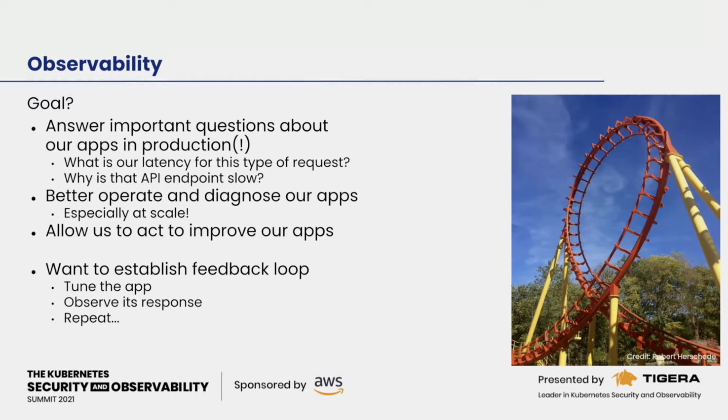Maybe we'll go back and add more observability features into our application, and I'm going to talk about what those might be in a moment. If we didn't quite get the information that we wanted, we might add some more. And then we go around the loop again. So we tune the app again, observe its response, and go on from there.